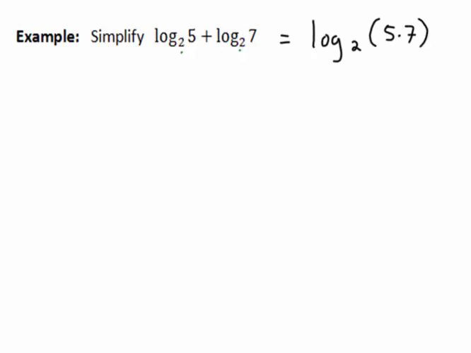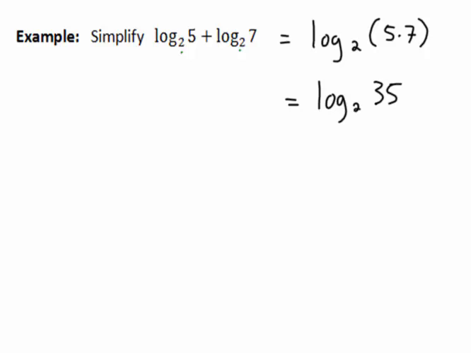And so if we were simplifying this, that's really the same as log base 2 of 35. There is our way that we can combine the sum of two logarithms into a product and vice versa.